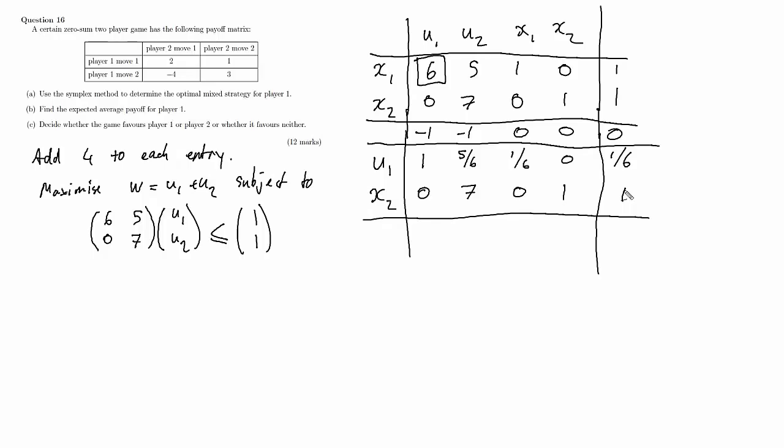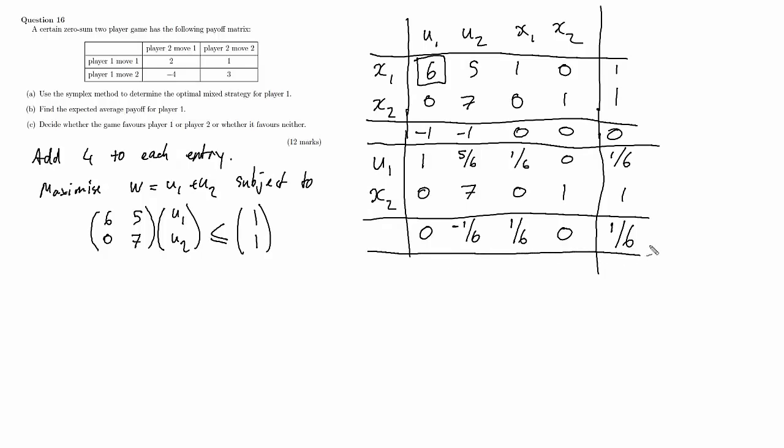For our bottom row, we want to add one copy of the new U1 row to make this -1 into a 0. So -1 plus 1 is 0, -1 plus 5 on 6 is -1 on 6, 0 plus 1 on 6 is 1 on 6, 0 plus 0 is 0, and 0 plus 1 on 6 is 1 on 6. And now we repeat the process.